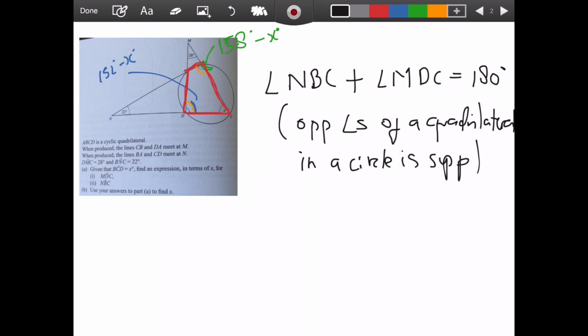Okay, supplementary means the sum of it is equal to 180 degrees.